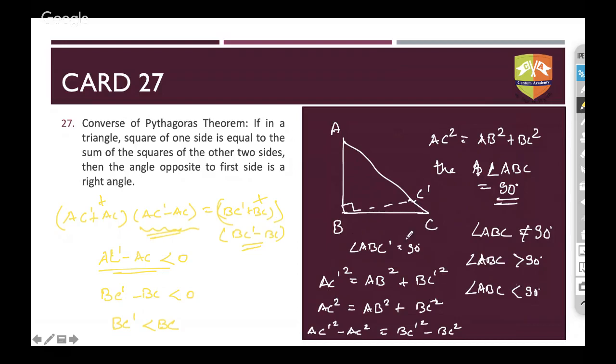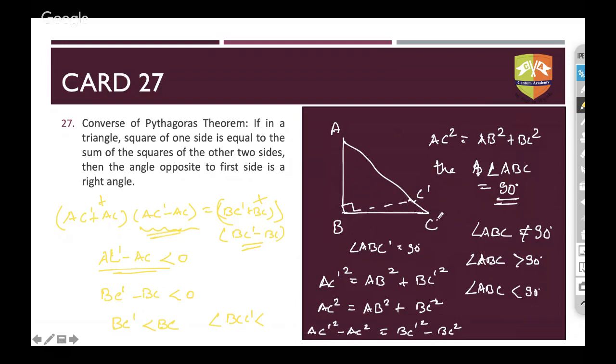Okay, so I'm running short of time and space both. So hence, if BC dash is less than BC, that means what? Opposite angles should also be in the same ratio.